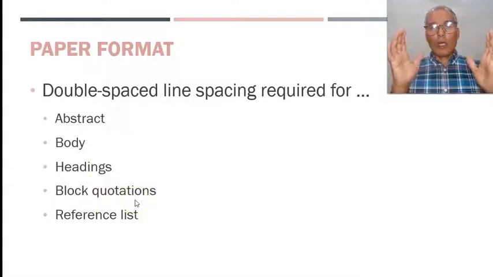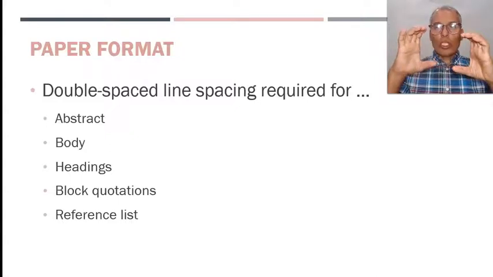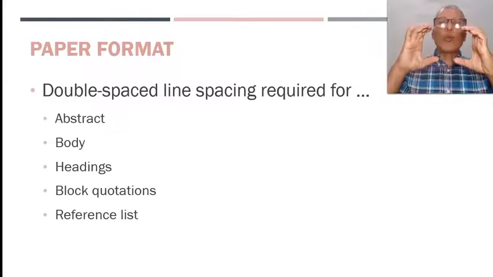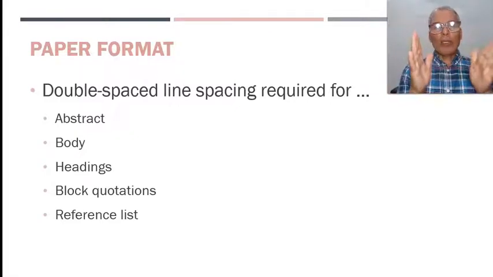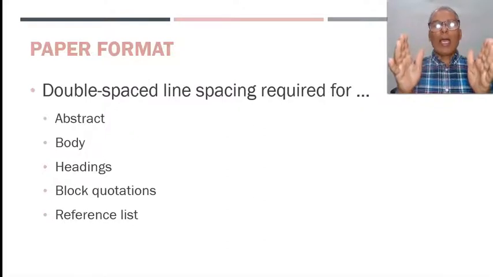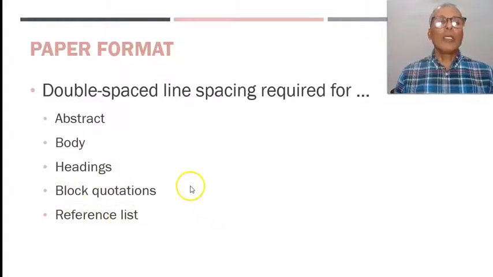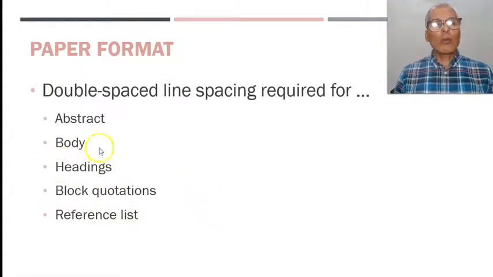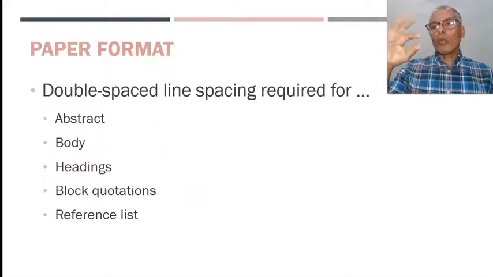If you block quote, meaning a quotation of 40 words or more taken together as a block, that has to be indented and also double spaced. Reference lists must also be double spaced. So the general rule is that there is double spacing between lines.